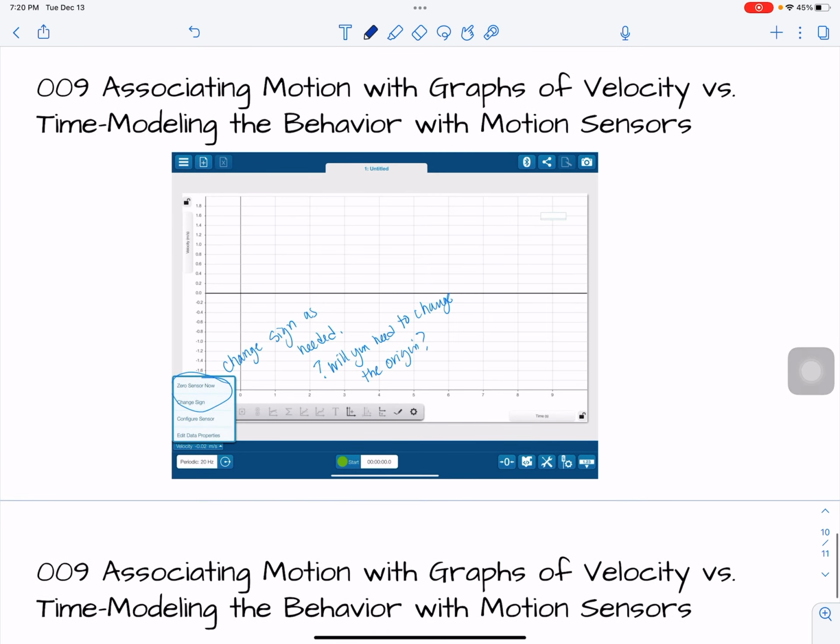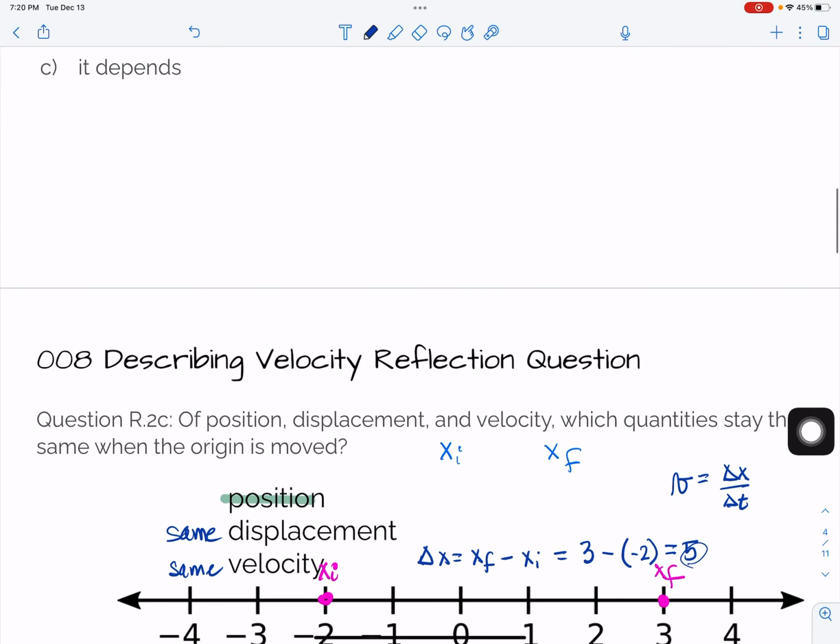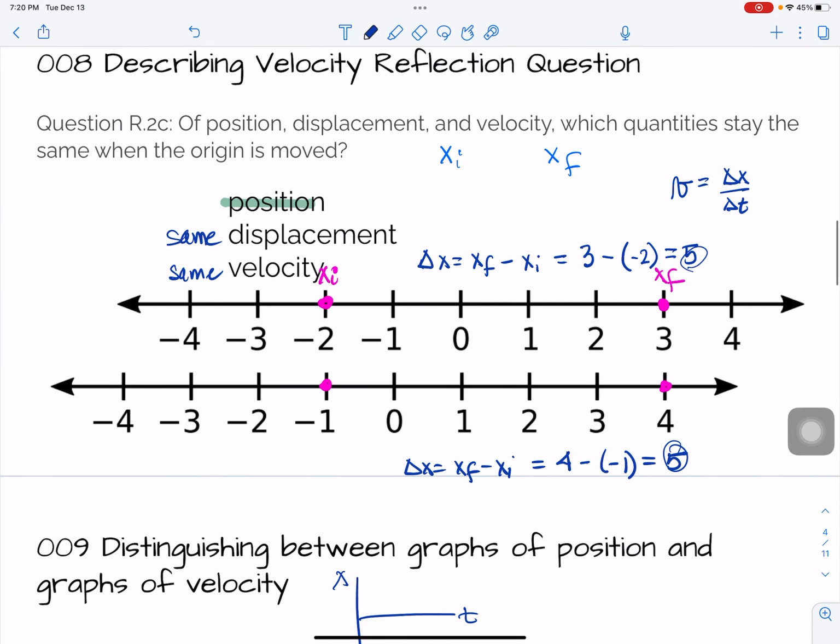And remember that you can change your origin with the zero sensor now, and you can change the sign in terms of whether heading towards the sensor is positive or negative motion. The one thing I'll remind you is that we already had a discussion about how changing the origin might affect displacement or velocity or position.